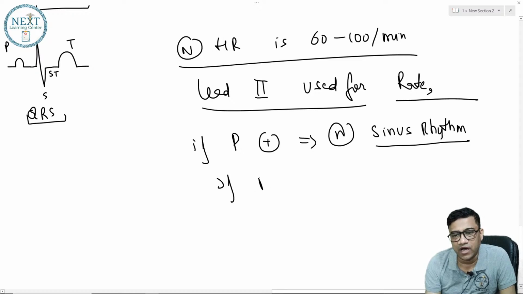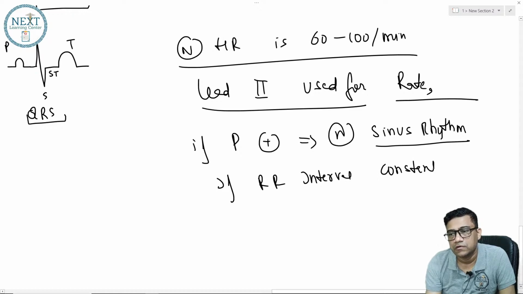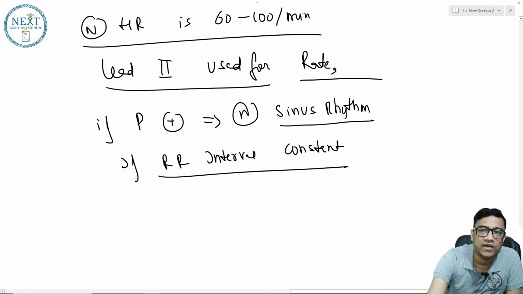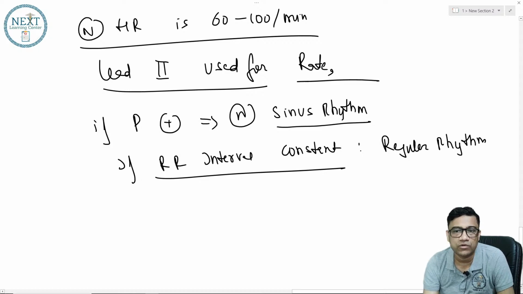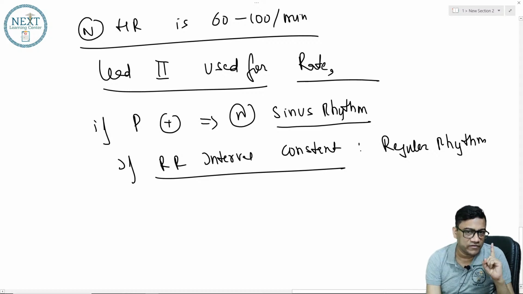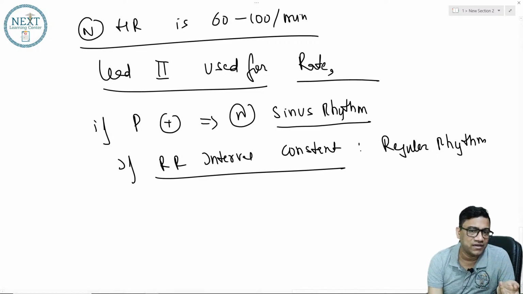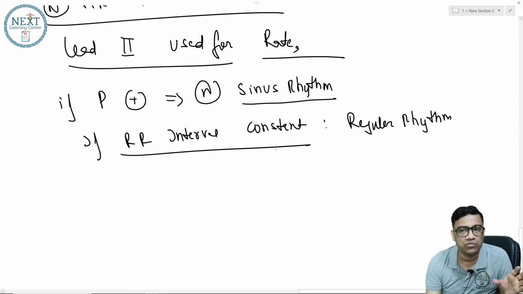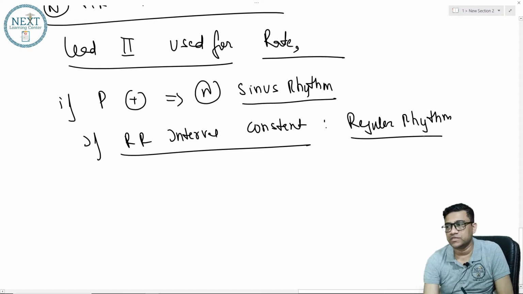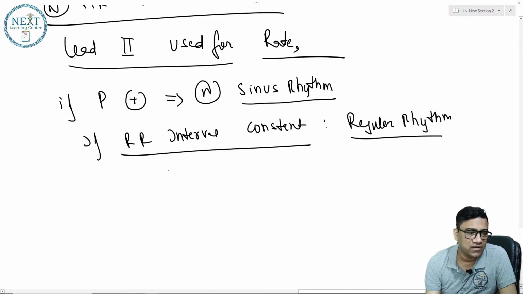And if the RR interval is regular, constant, then it is called regular rhythm. So what does sinus mean? P wave is present. And what does RR interval constant mean? It means the gap is not changing, it is almost the same. That is called RR interval constant.